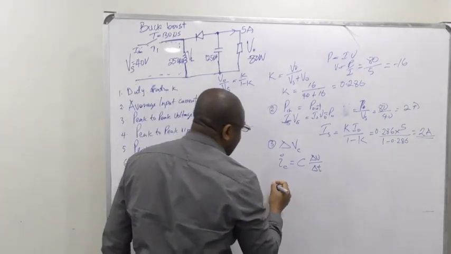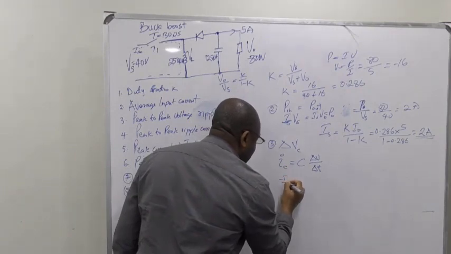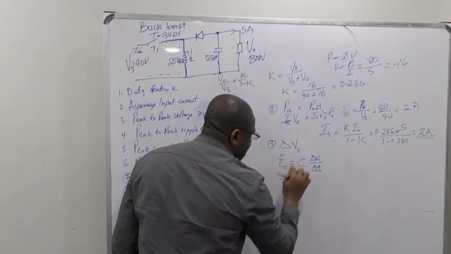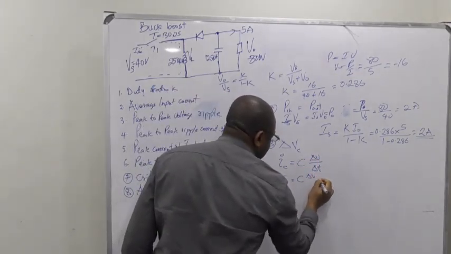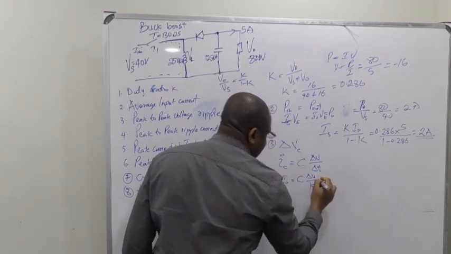So in other words, here I'm going to put minus IO equal to C, then here is your delta V that they want us to calculate, divided by KT, the time of on.